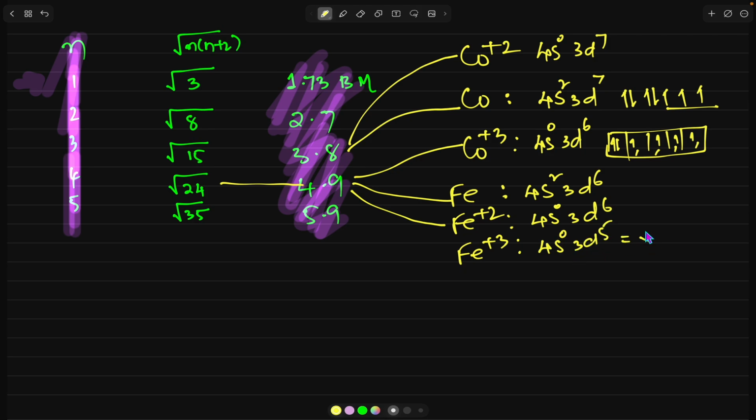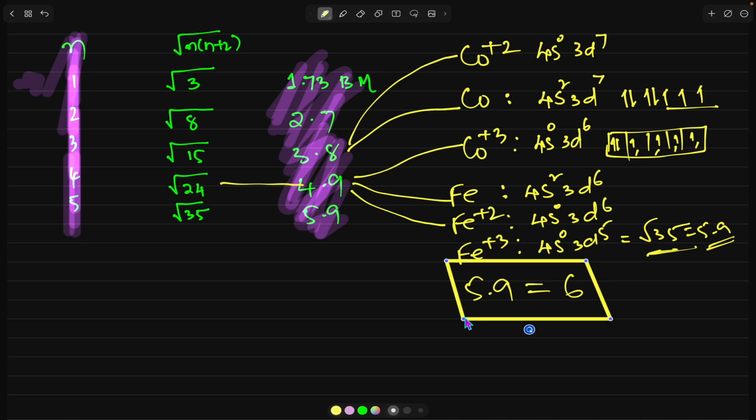So this corresponds to root 35. 5 unpaired electrons are there, therefore 5.9. But if 5.9 comes as your answer, you will have to make it 6. Not in EAMCET, but in Mains you have to make it as a 6, right? So this is how the questions are generally asked.